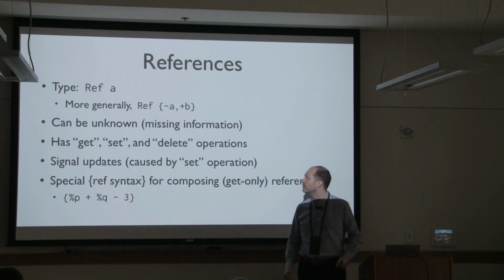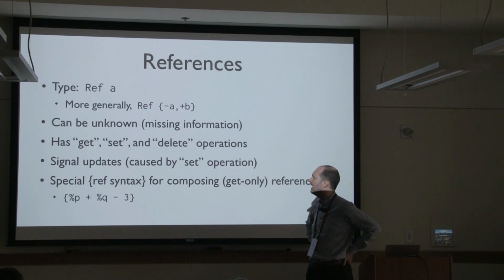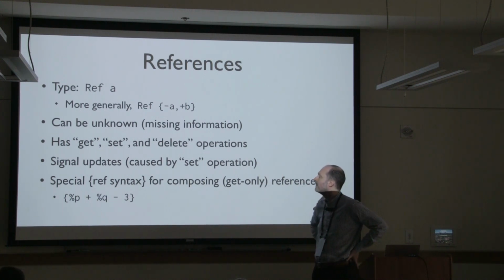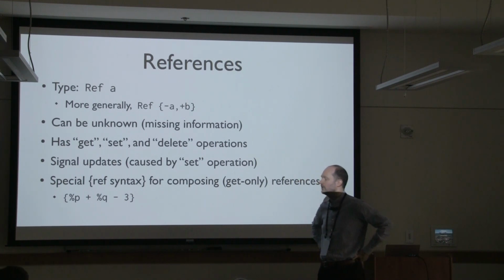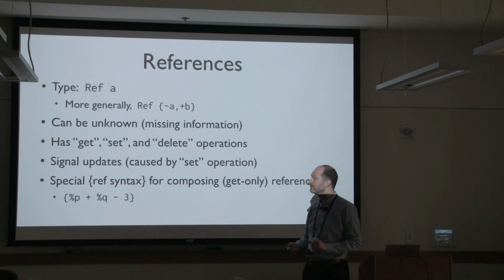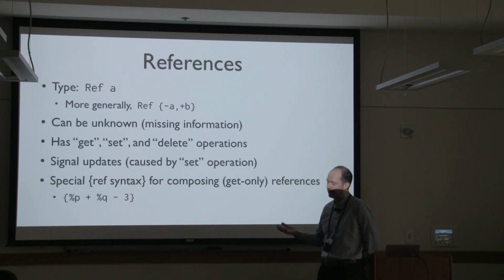Okay, so generally speaking, this reference type, as I said, ref A, but more generally, it's a contravariant-covariant pair. Generally speaking, anything in Pinafore can be unknown, or anything in storage might be unknown. So this reference could be unknown. And if we attempt to get a reference that's unknown, it's going to give us an exception. We can catch that exception, that's not a problem.